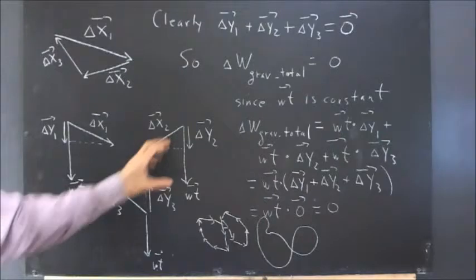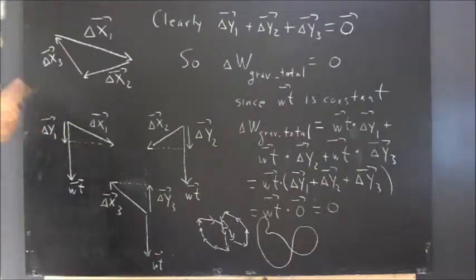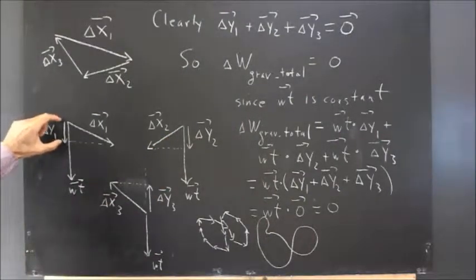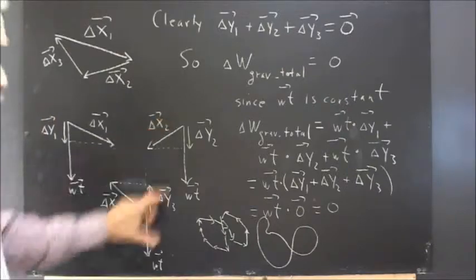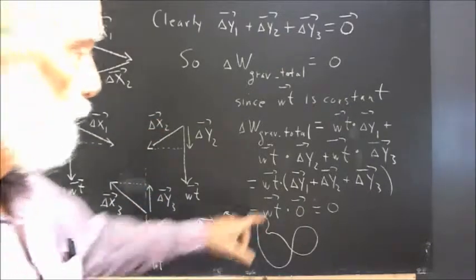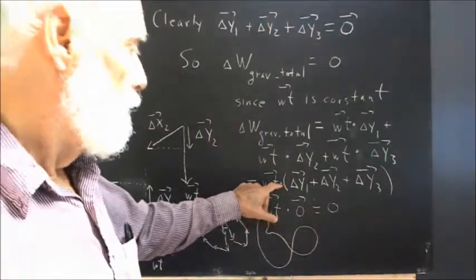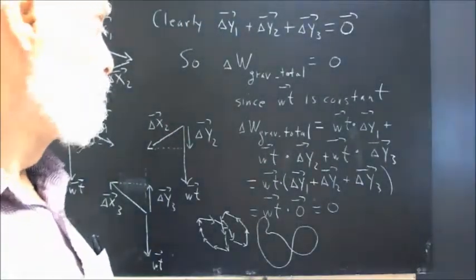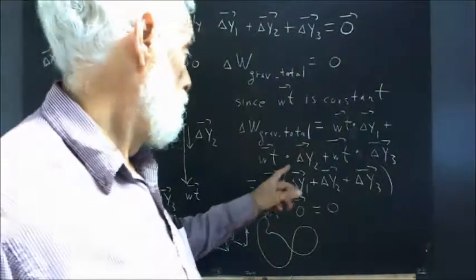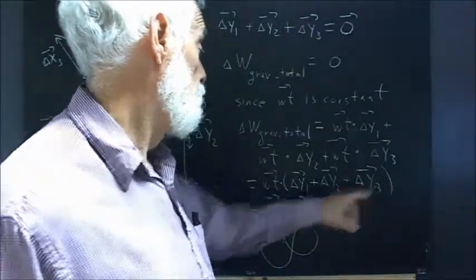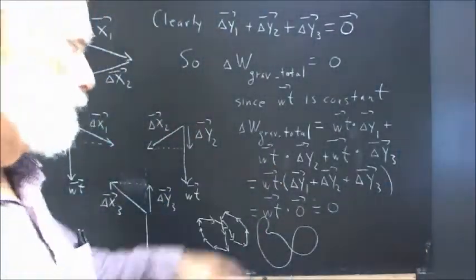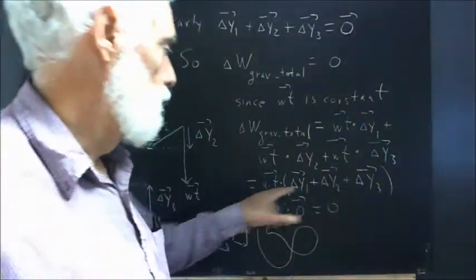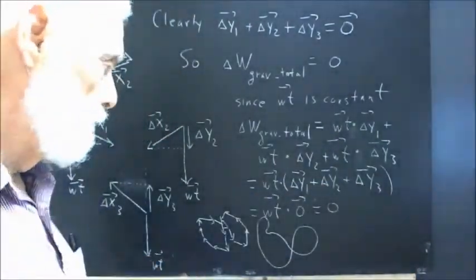Those dot products, which involve in each case multiplying this projection by this vector, clearly then have to add up to 0. They add up to the weight dotted with the delta y1 plus delta y2 plus delta y3, using the fact that the dot product is distributive. The dot product distributes over sums.